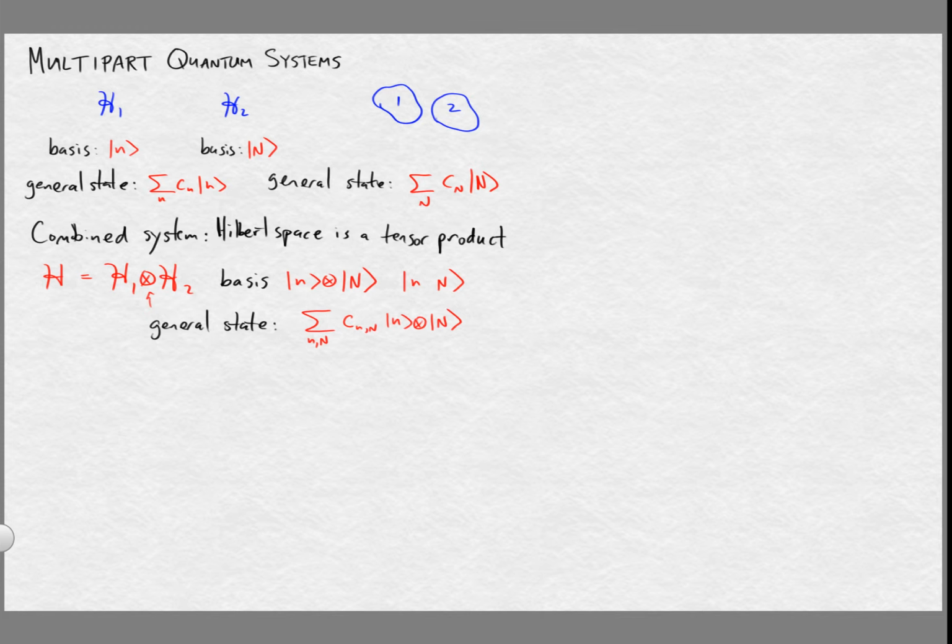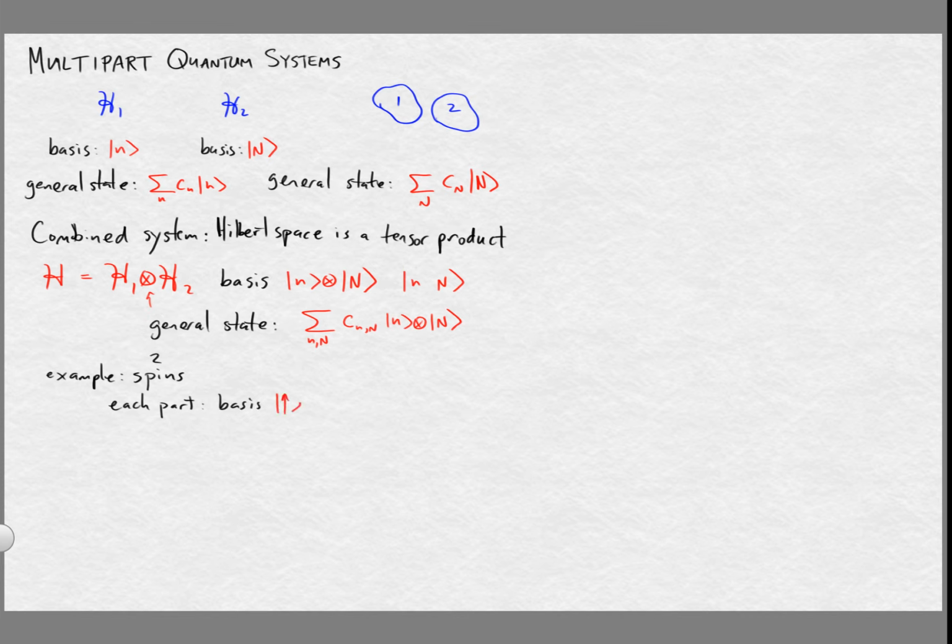And so let's just do a simple example where we have our quantum systems as two different spins. So let's say two spins to start with. And so then each part is going to have a basis of just two elements.